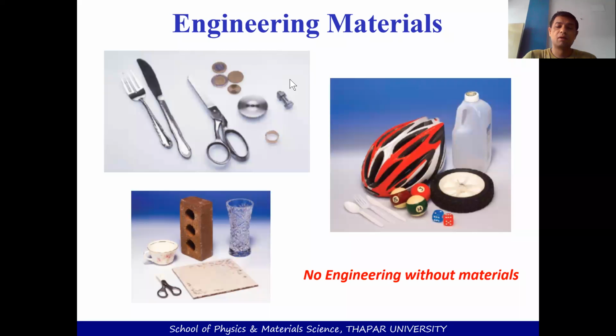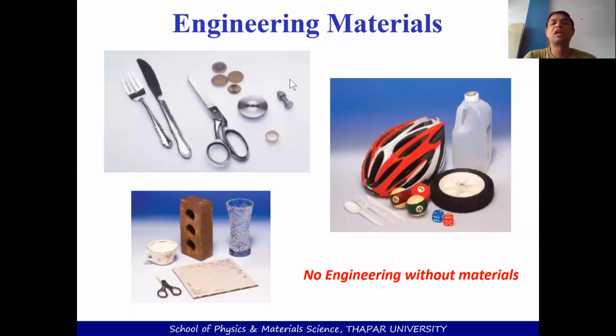Now, if you say I am a computer engineer, then the materials which I require are drastically different from if I define myself to be a civil engineer or a mechanical engineer. So depending on the engineering branch, you still have a restricted class of engineering material that you are going to use.